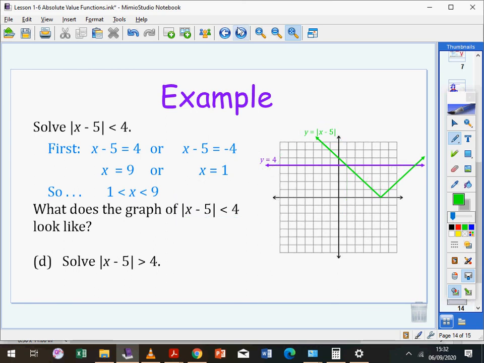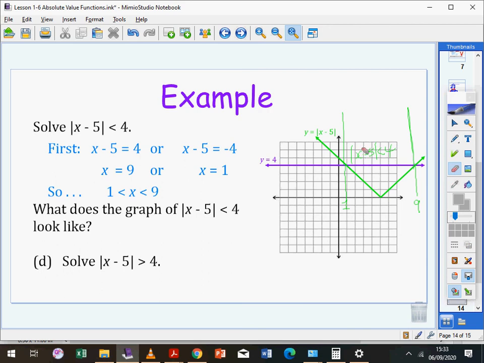If they want me to solve |x minus 5| greater than 4, I know that these are the points where they meet, and I know that this region in the middle satisfies the inequality |x minus 5| less than 4.